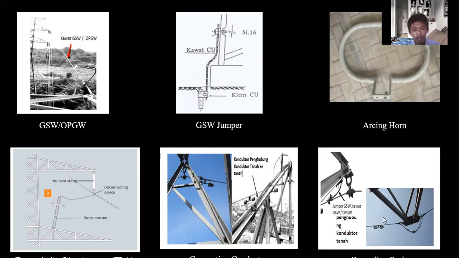Grounding equipment for the transmission system works to continue the electric current from the SUTT tower to the ground and avoid back flashover currents on the insulator when the grounding system is hit by a lightning strike.